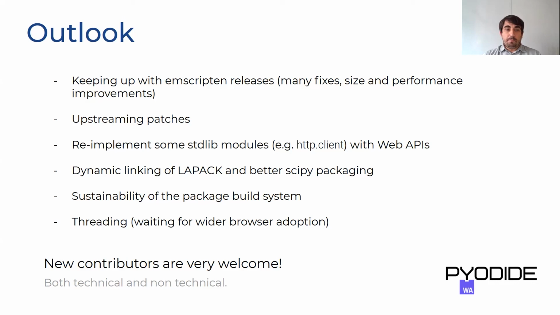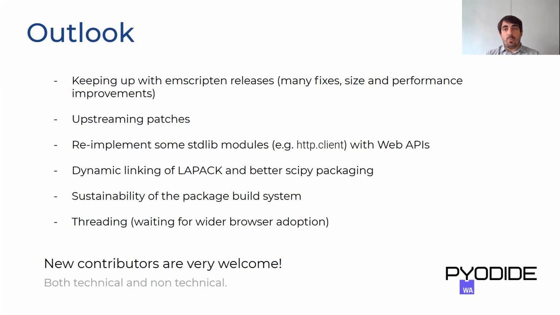but you can rewrite it with the web API. There is a challenge of how we deal with dynamic linking of LAPACK and BLAS, which in turn would hopefully improve the situation with SciPy. There is also the question of general sustainability of the build system, because currently all those builds are run in the same CI, and as you add more packages, the CI gets slower, so it's getting harder to contribute.